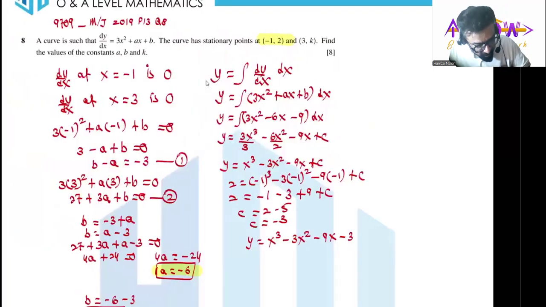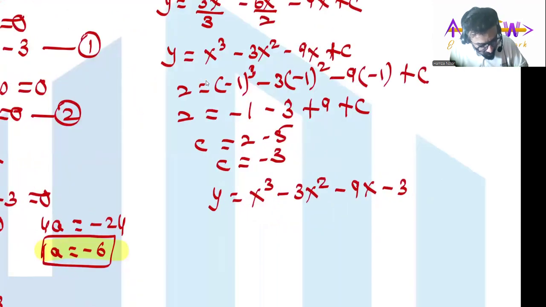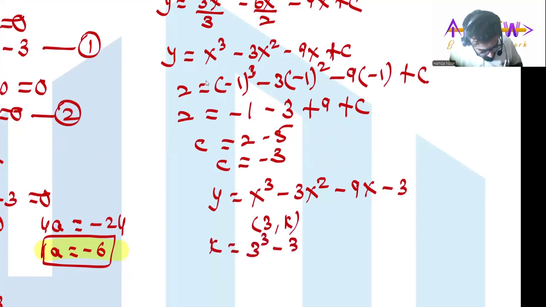And now we need to find the value of k. As we know, (3, k) is a point which is lying on the curve, so it means that when x is equal to 3, the corresponding value of y is equal to k. So I'm going to say that k is equal to 3 cube minus 3 times 3 square minus 9 times 3 minus 3.